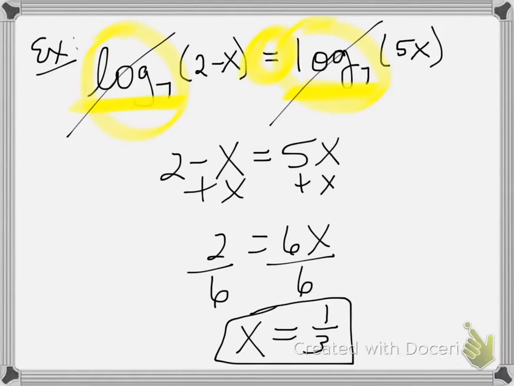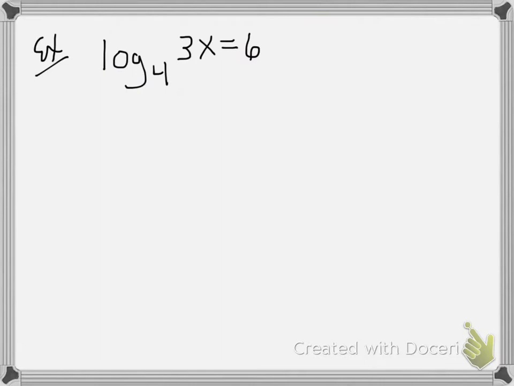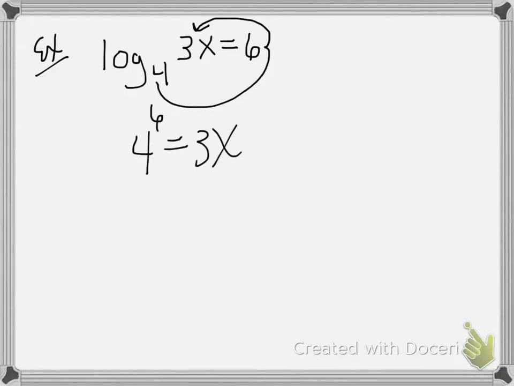So those are the kind of problems that we look for because they're easy. All right, we have another problem here that we're going to use the rewriting. So I'm going to do 4 to the 6th power equals 3x. 4 to the 6th power, you have to do this in your calculator, but it turns out to be 4,096.